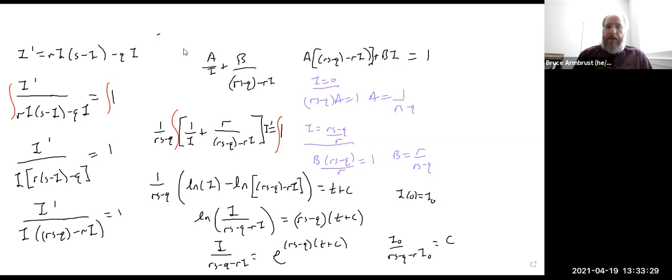So we're almost there. So if we multiply stuff over and combine, we're going to get I naught equals (RS minus Q) times I naught equals C equals.